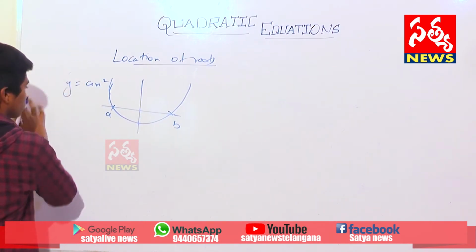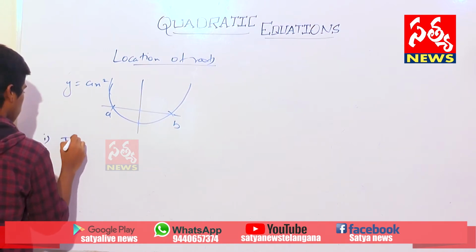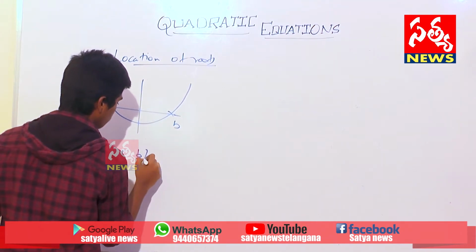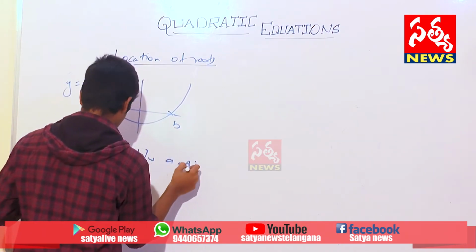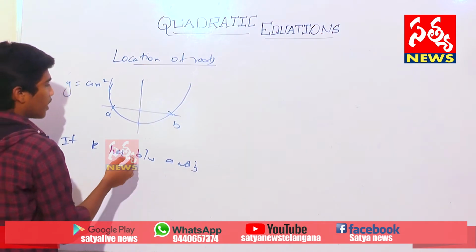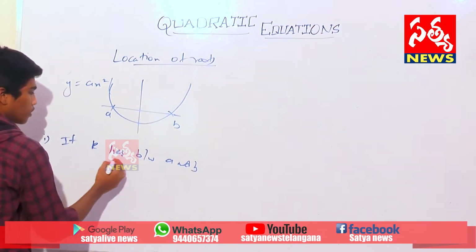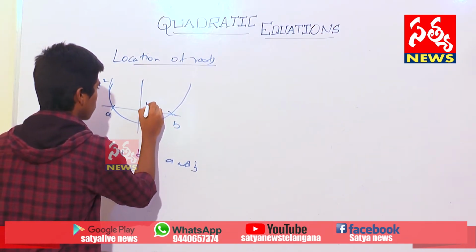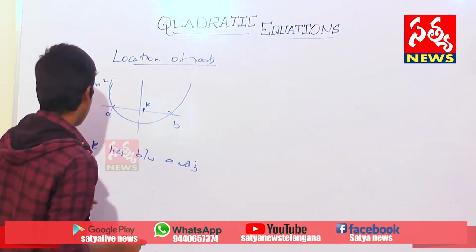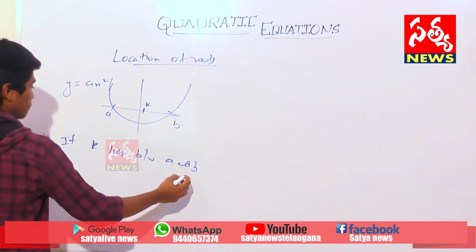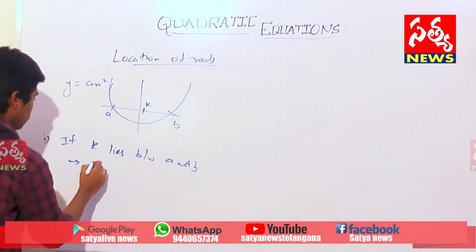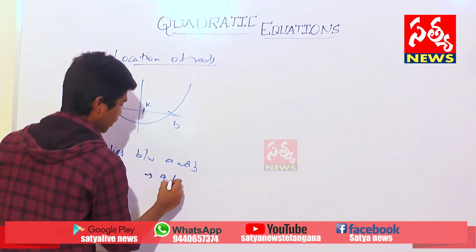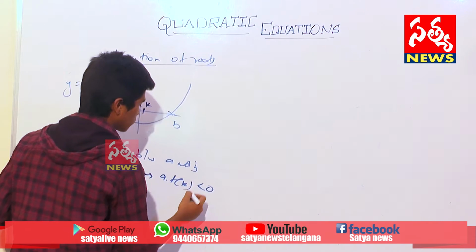Now the first condition. If k lies between a and b, where k is a constant, for suppose this is the k, then the conditions are: discriminant is greater than 0, and the next is a into f of k is less than 0.